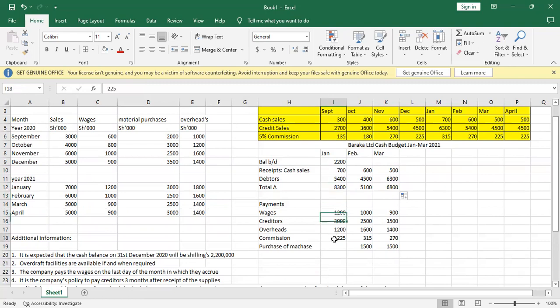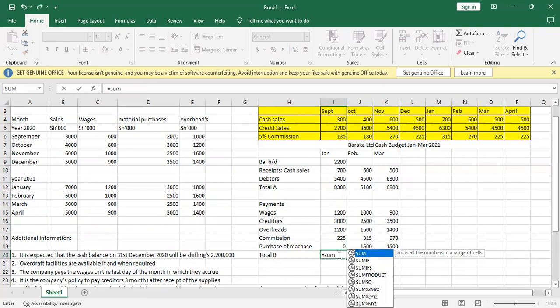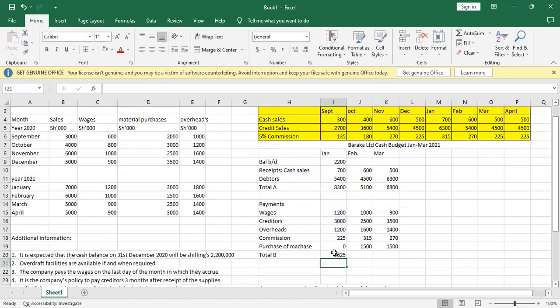And this is 0. So this is equal to total B. So total B is equal to the sum of this cell all the way to this. And then I scroll the formula.